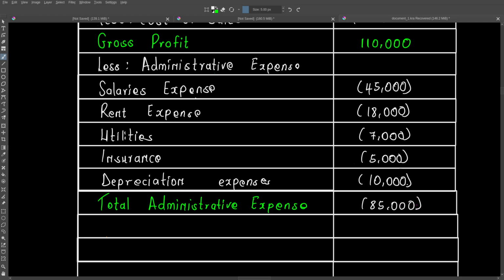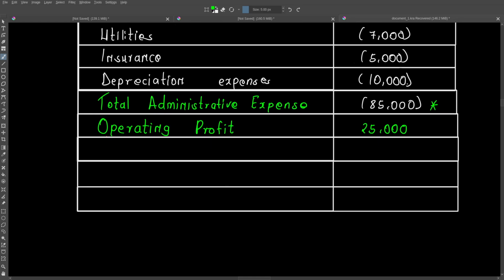It's going to be less of 85,000, okay? So how do we get operating profit? We take the gross profit, we less the operating expenses. So in this case, we are taking 110,000, we less 85,000, where we are going to get 25,000 as our operating profit, okay?